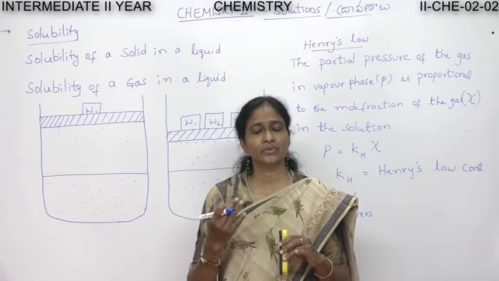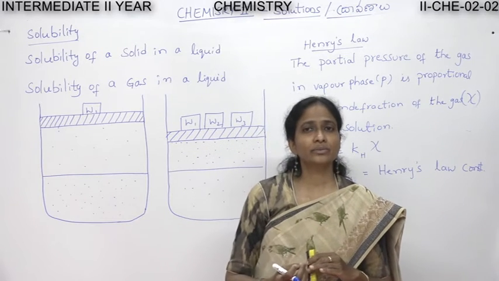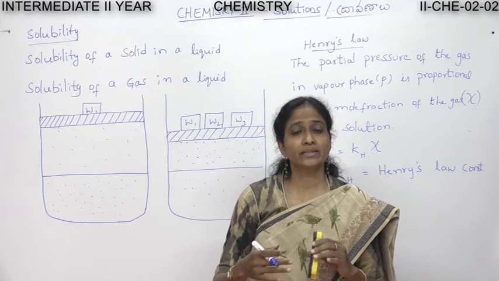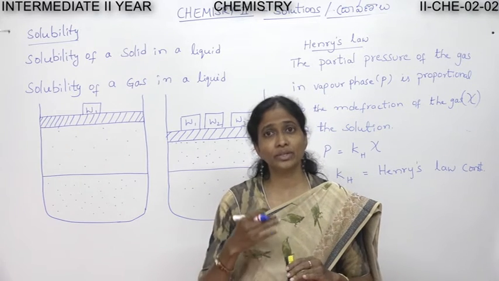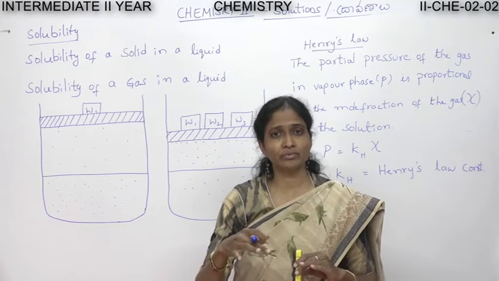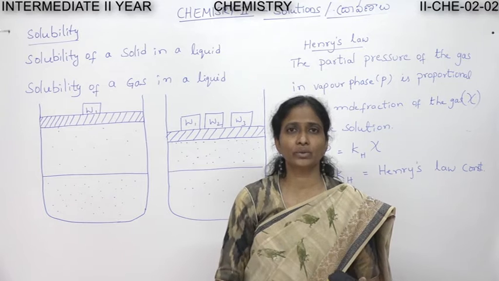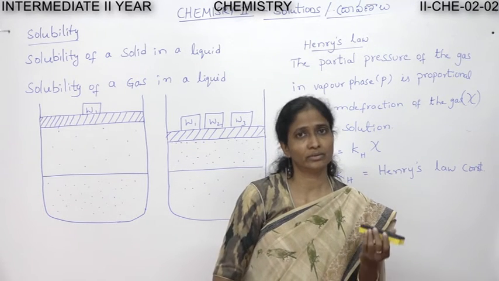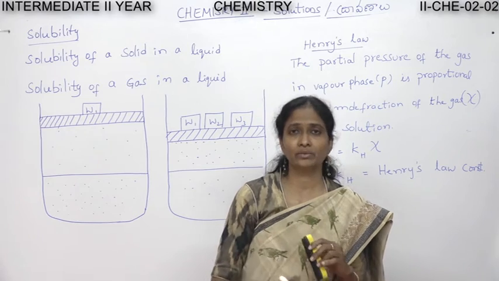So unsaturated, if we add sugar to water, what is happening? That is getting dissolved. So if we add more, it is ready to dissolve more. That means it can be called as unsaturated solution.